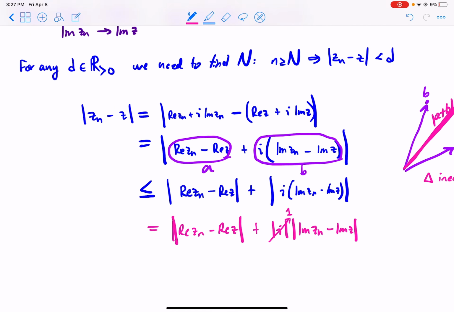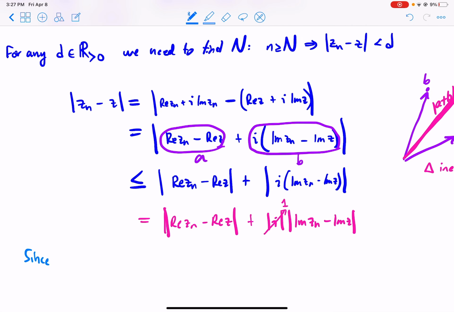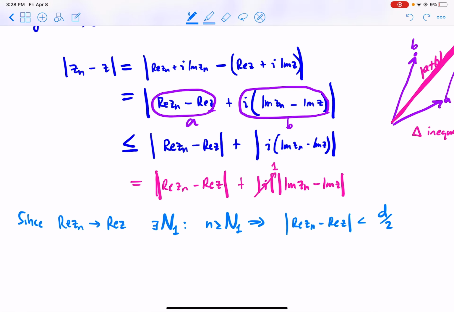Okay. So now I will write: since the real parts of Zn go to the real part of z, there exists some N1 such that going past N1 implies the real part of Zn minus the real part of z is less than d over 2. I chose this desired closeness, so there is some cutoff that if I go far enough, I can have control on this.